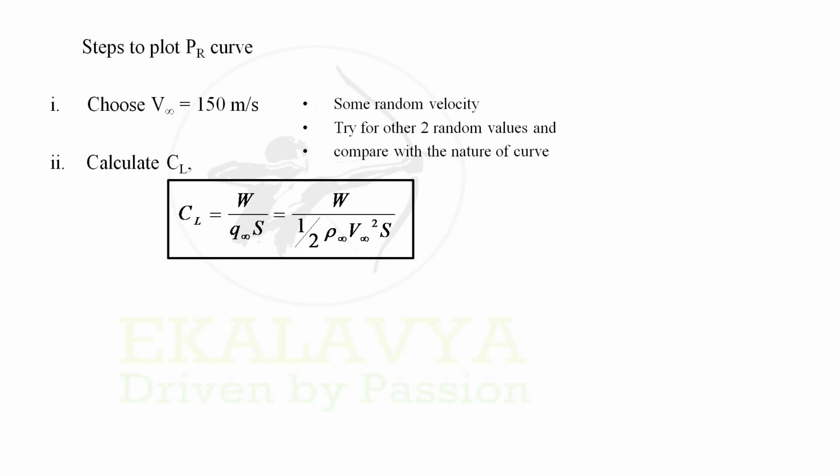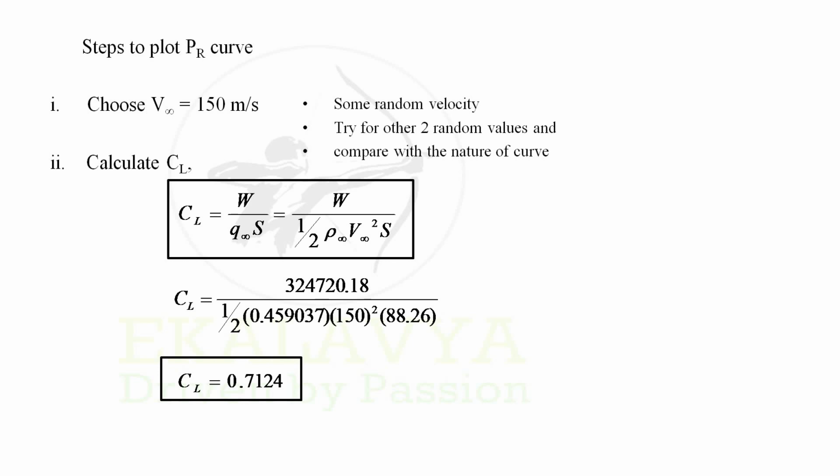So with that we can get equation for CL as weight divided by Q infinity into S. On expanding Q infinity, we can have CL as weight divided by half rho infinity V infinity square S. Substituting weight as 324,720.18, rho infinity as 0.459037, velocity chosen here is 150, wing area is 88.26 meter square, and calculating CL, we get CL as 0.724.